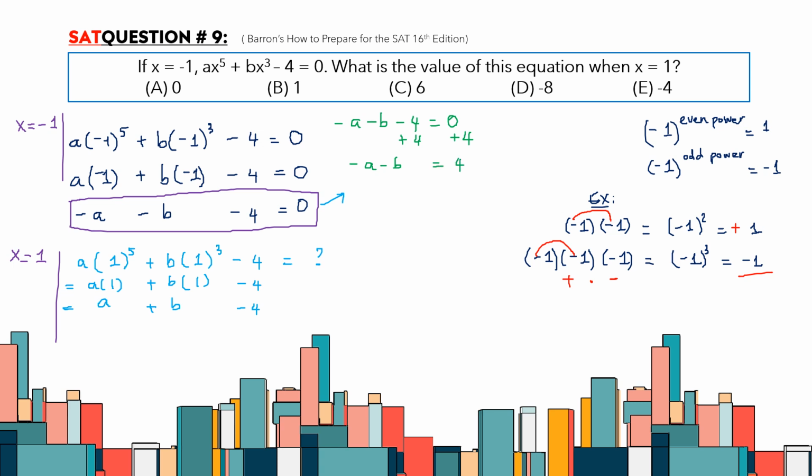And if we factor negative 1 out, we have a plus b equals negative 4.